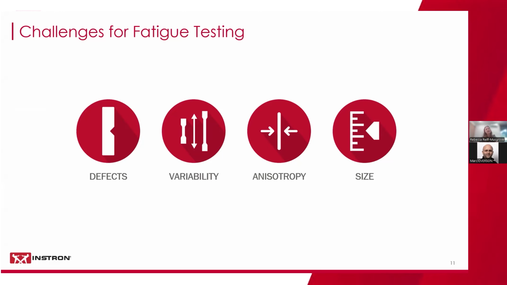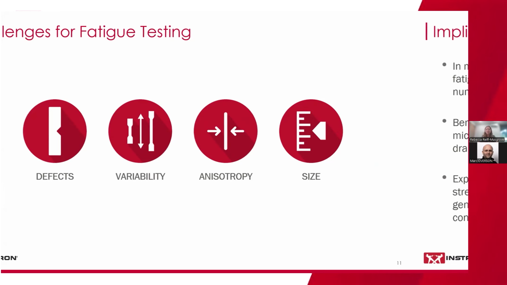We talked about the variability across parts, the anisotropy, so that means the differences in direction, and also the size effects and how often things are much smaller with additive manufacturing. If you're interested in that, you can go and watch webinar 1 if you haven't already. In this webinar, we're going to be talking about how those fundamental things translate to some more problems and challenges in industry.